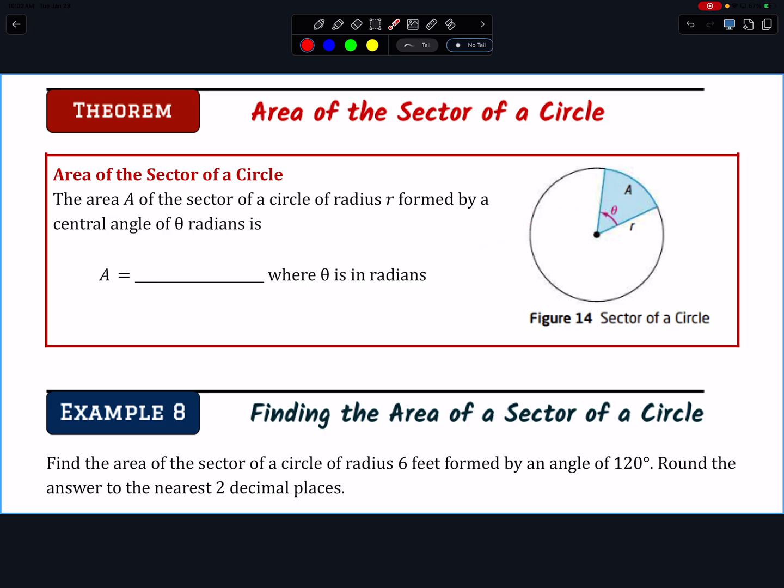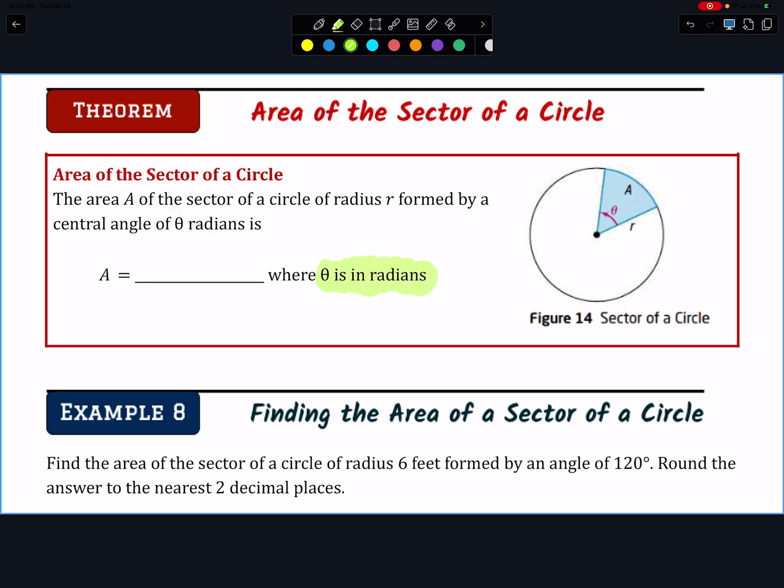The area of a sector of a circle is formed by a central angle theta. I'll tell you the measure and the radius, and that way we can figure out the area. The one thing you have to pay attention to is that the angle has to be in radians to use this formula.